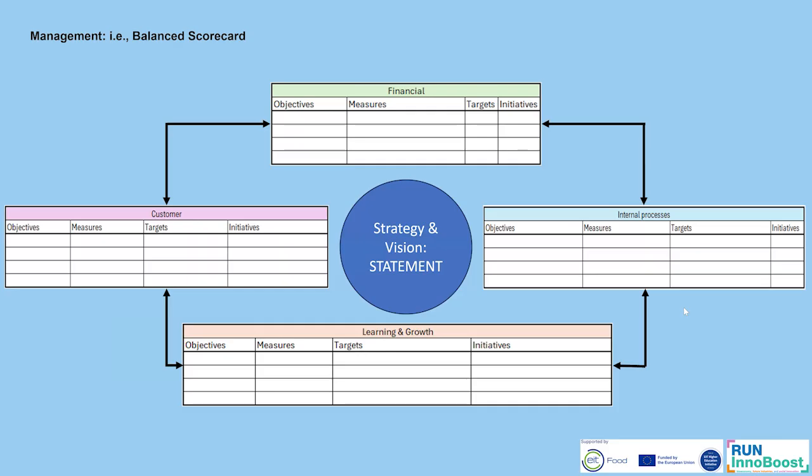So the balanced scorecard is a strategic management tool that is focusing on the measure and the tracking of organizational performances. So it is focusing on the finance of an innovation. It is focusing on the customer integration. It is focusing on internal business processes, and also on the learning and the growth perspective.